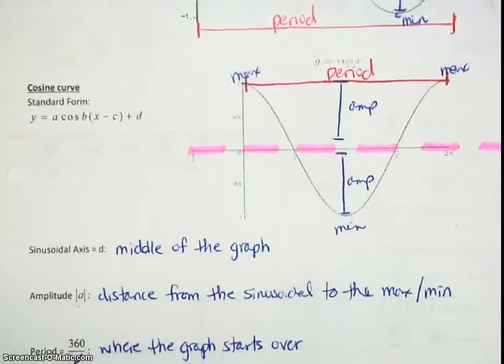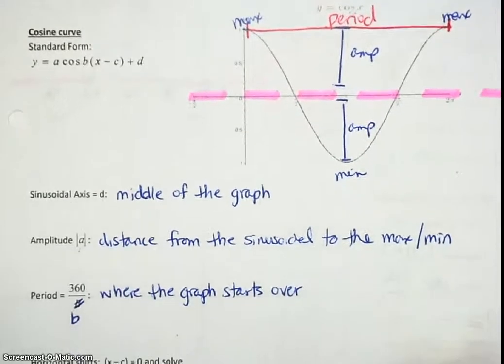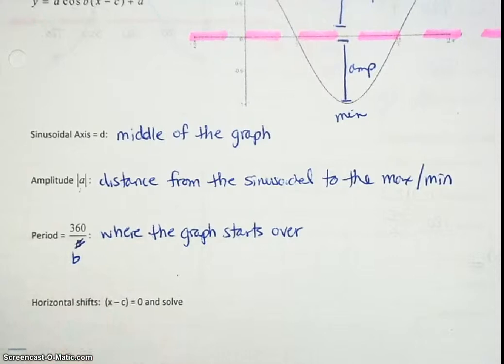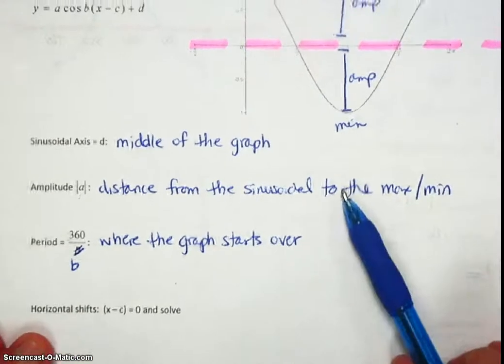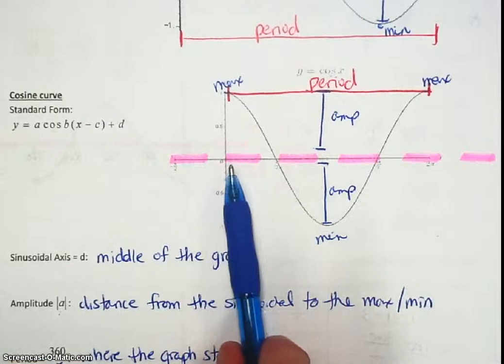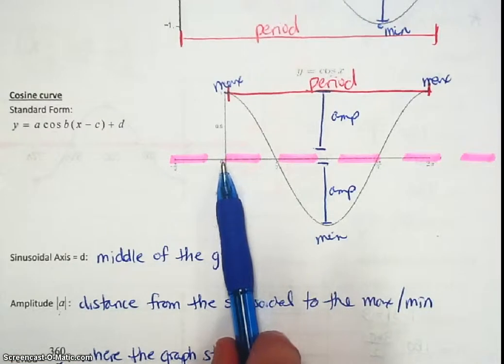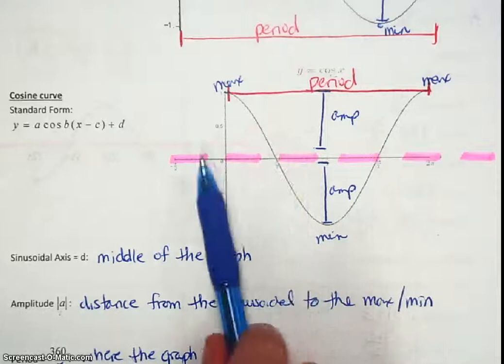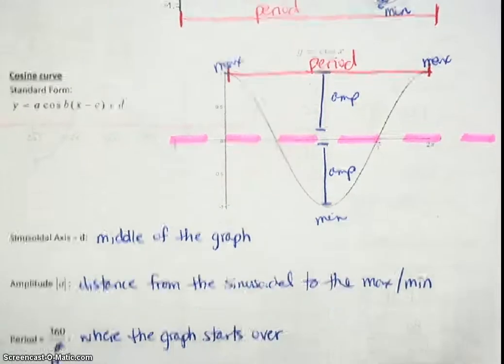But what I want to do is add to the bottom of your notes, where it says horizontal shifts, because today we're going to shift these graphs to the left or to the right. So they're not necessarily going to start at 0 every time now. The middle of the graphs will still be 0, but our starting point will not always be 0.